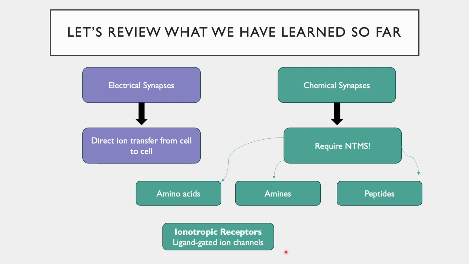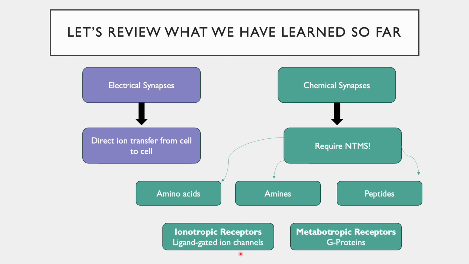Ligand-gated ion channels are also called transmitter-gated ion channels, or ionotropic receptors. And that is because when a neurotransmitter binds to these ion channels, it can open the gates if it's selectively permeable to a particular ion and allow that ion to enter the postsynaptic cell. So that is our first subtype of neurotransmitter receptor.